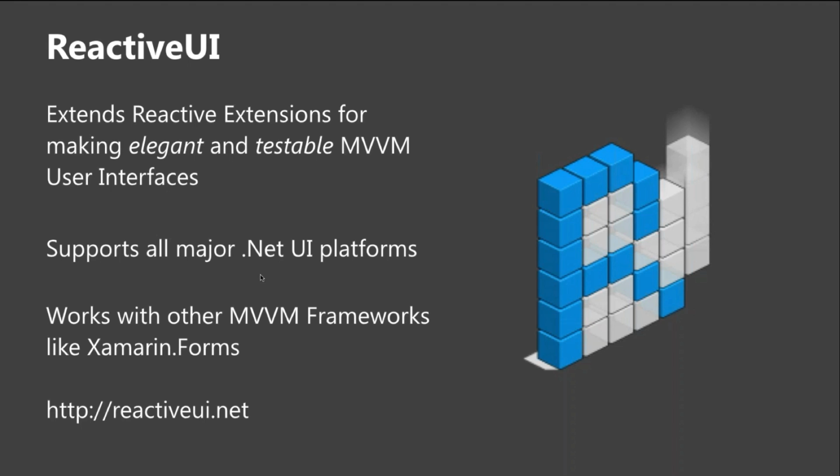And even if you are using a different MVVM framework, something like MVVM Cross, or if you're using the parts that come out of Xamarin Forms, we can actually introduce ReactiveUI onto those platforms as well and kind of get the best of both worlds, right? You can have that core platform like MVVM Cross that maybe you really like, but now we can get some nice additional bonus features out of ReactiveUI.